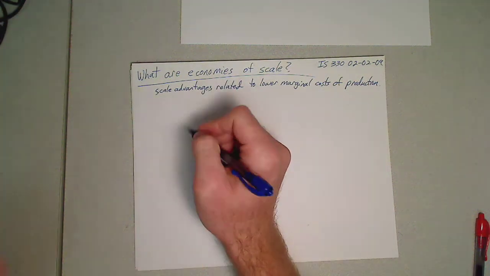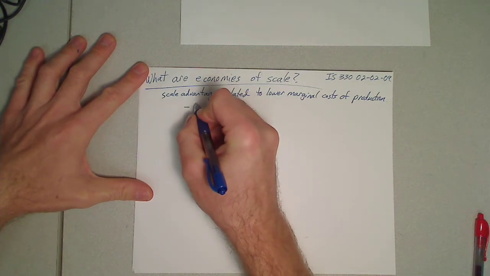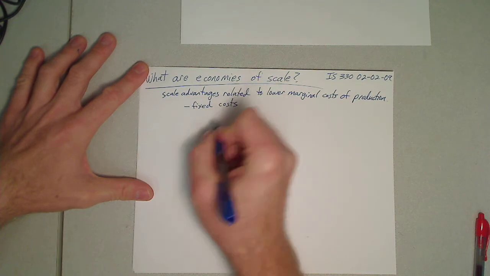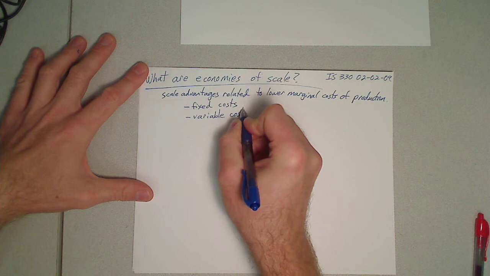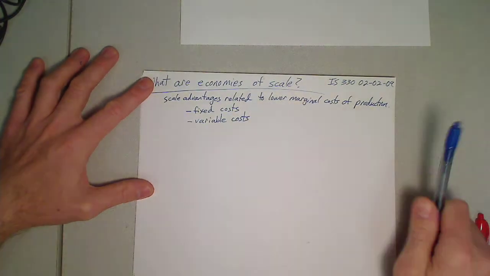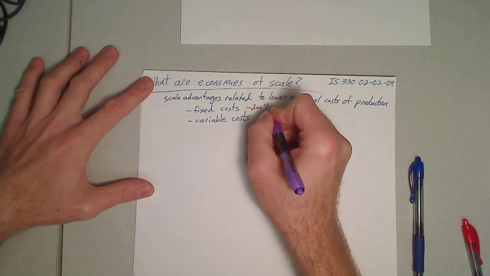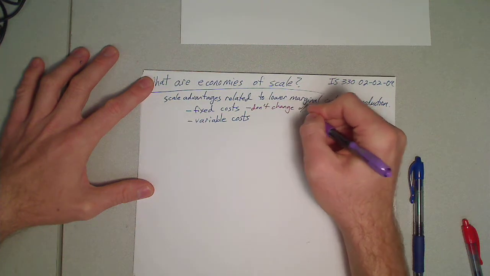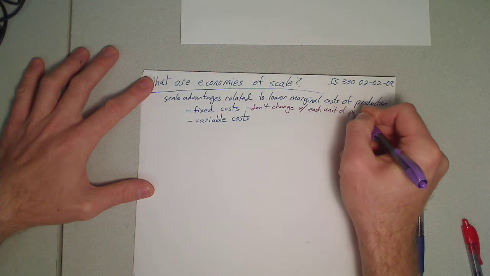There are two related concepts to this that you need to remember from your business courses. One is when we're talking about costs, we have fixed costs and we have variable costs. Fixed costs are the costs that don't change with each unit of production.